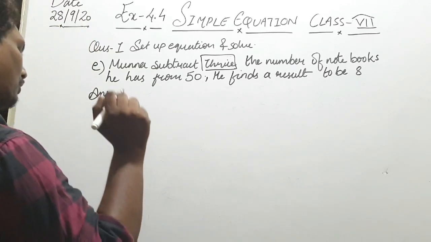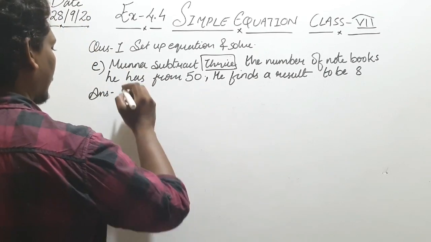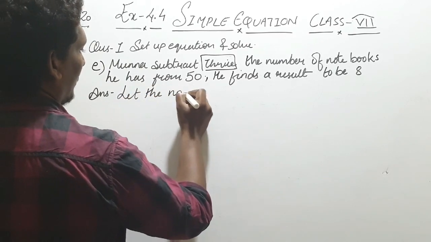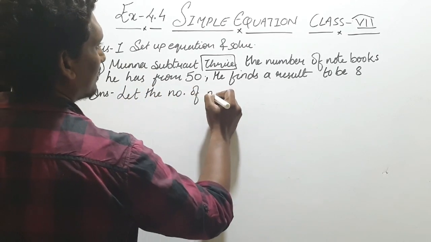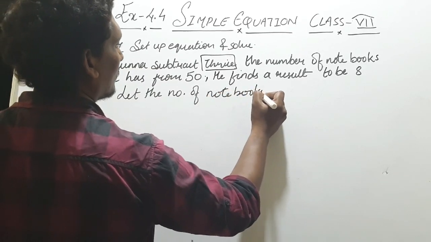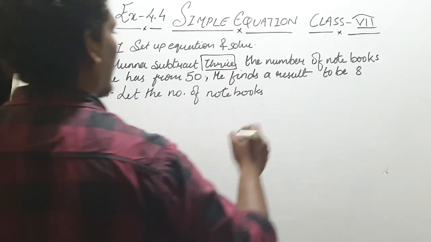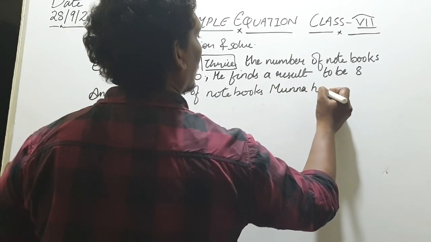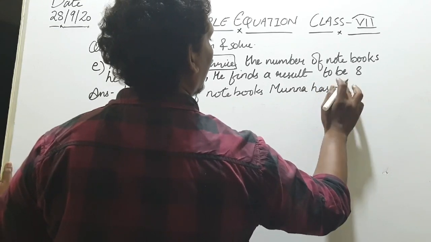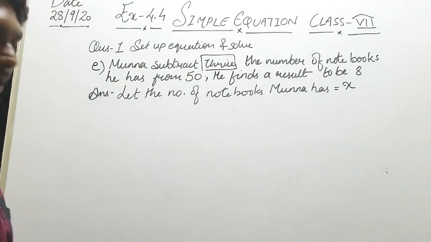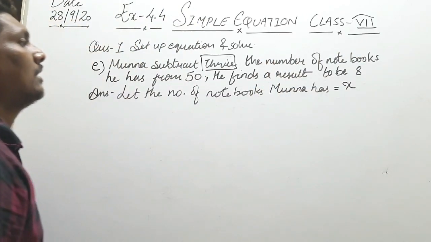A number we have to take as x. So let the number of notebooks Munna has be x.